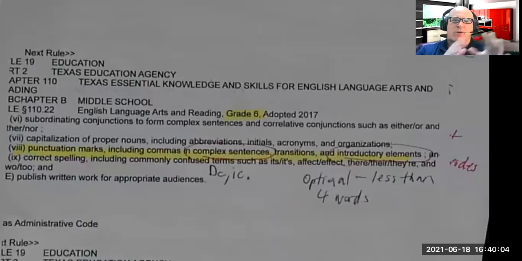That's happened a few times on the state test, where the passage had a sentence with a short introductory phrase that had a comma, and when it was moved over to the questions, it didn't have the comma, because in short introductory phrases, the commas are optional.